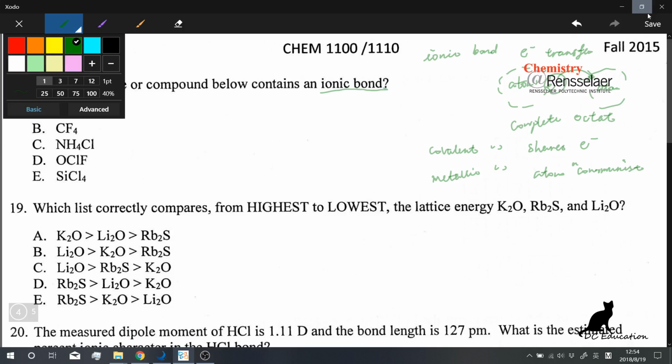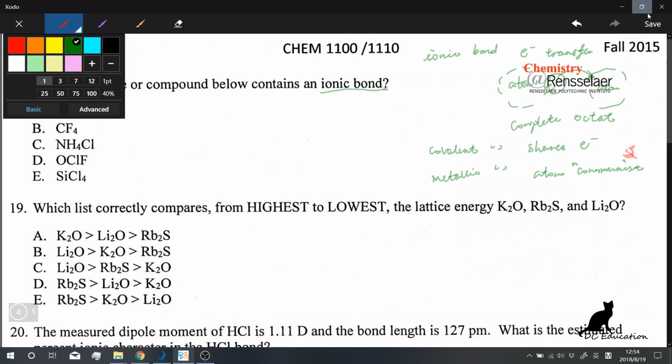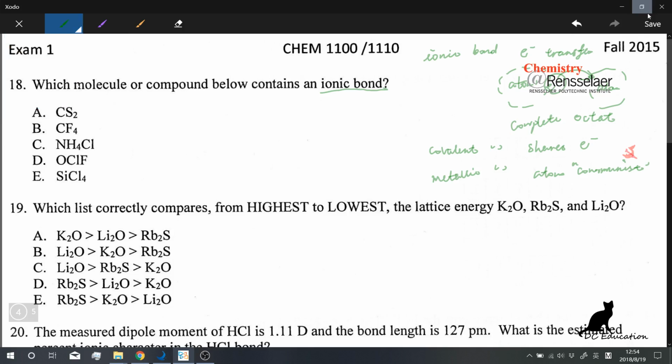Let me get out the red color. So it's like they had a communist agreement and decided that they're going to share. I guess agreement is one word. Sorry.